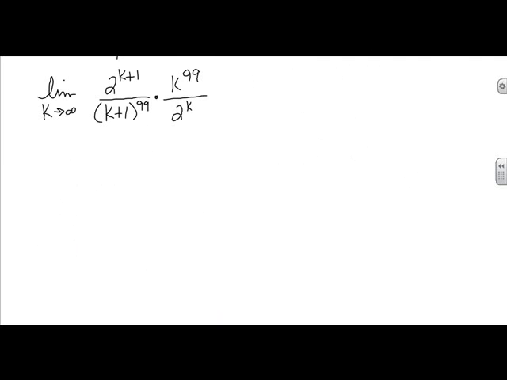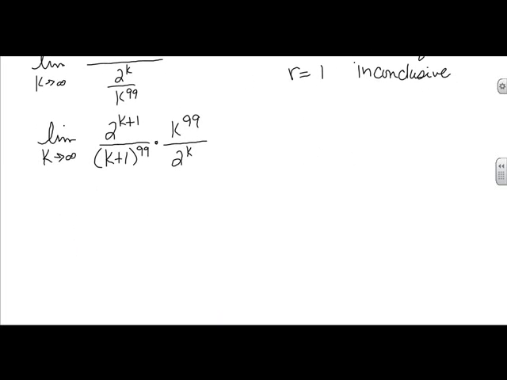And typically when you get to this step, you can start looking at things that are going to reduce. For instance, where you've got 2 to the k plus 1 power divided by 2 to the k, you can reduce that, and that will leave you just 2 in the numerator. And then the k to the 99th power and the k plus 1 to the 99th power we can't do a whole lot with.